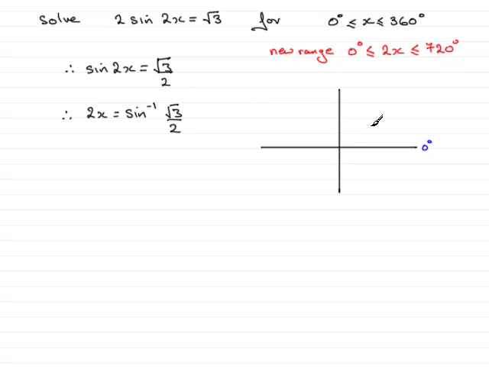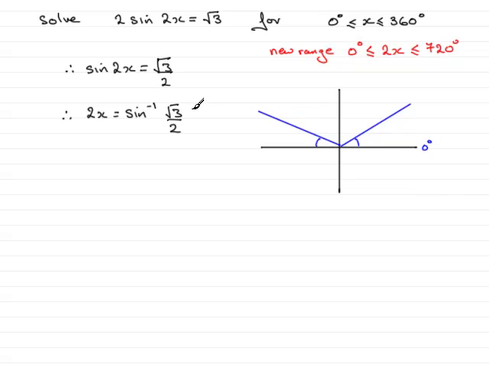Sine is positive in the first quadrant and the second quadrant. So we put a line in the first quadrant and another line in the second quadrant, equally inclined to this horizontal line here. And always get in the habit of marking those 2 angles in, not the ones up here, always the ones to the horizontal line.